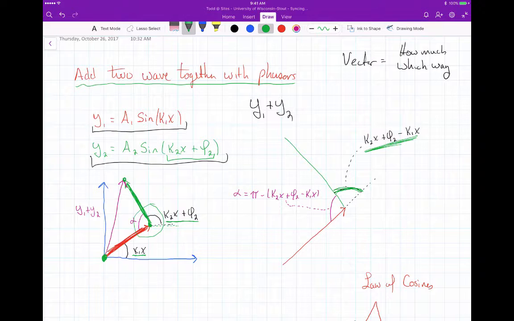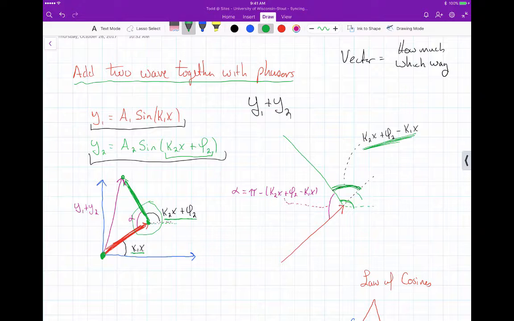And so you can see that this is my original k2x + phi 2. This then corresponds to k1x. And so then this inner angle here is simply this, which means to get this angle in here, which corresponds to alpha over here, I simply have to take pi minus this result.